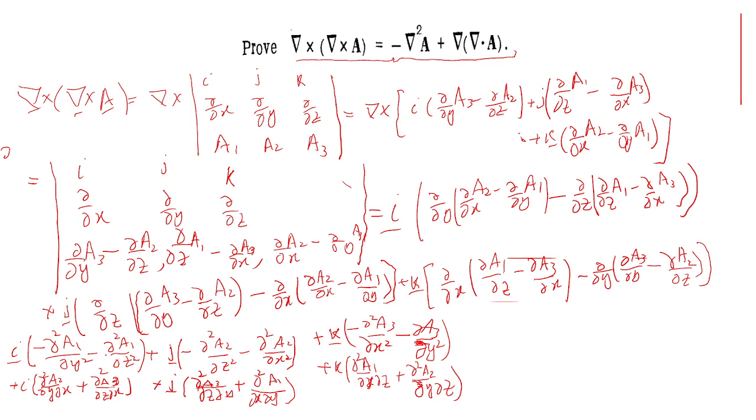So we have to add these terms in these expressions. So for i, minus partial squared A1 by partial x squared, minus partial squared A2 by partial y squared, minus partial squared A3 by partial z squared.